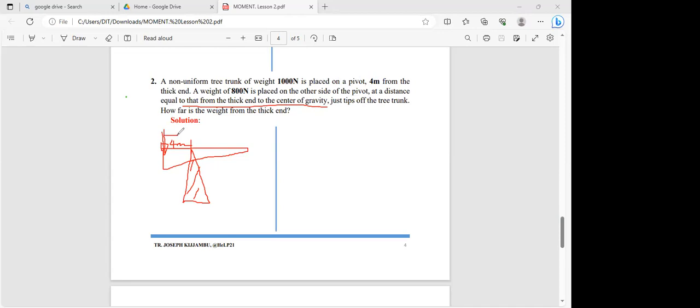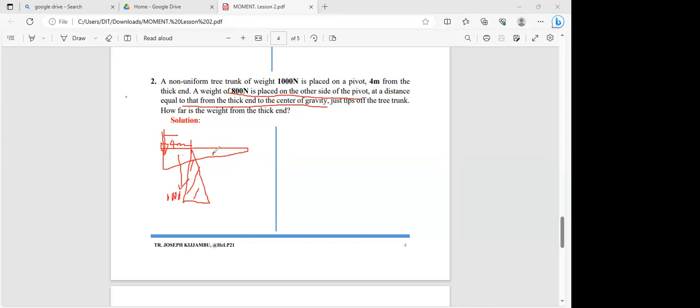This one is the center of gravity. Because this is the thick end, it is going to be this side. Distance that we don't know, so we are going to calculate it first. This is 1,000, which is the weight. But we have this distance should be the same as where we are putting 800 newtons from the pivot.